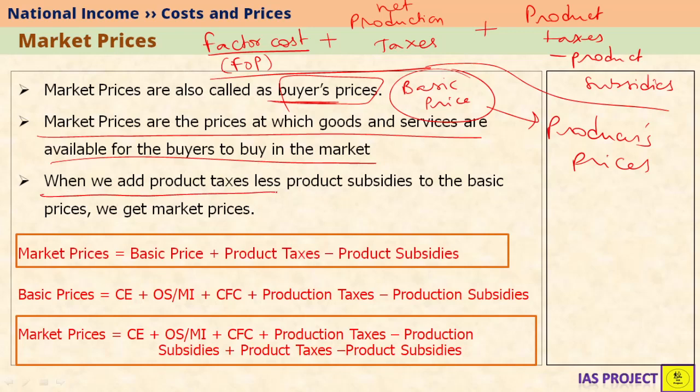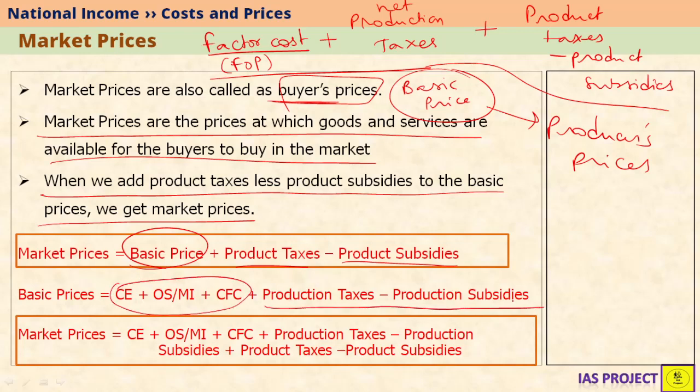When we add product taxes less product subsidies to the basic prices, we get market prices, as we have seen here. So let's look at the formula. Market prices include basic price plus product taxes minus product subsidies. We know that basic prices are nothing but factor cost plus production taxes minus production subsidies.